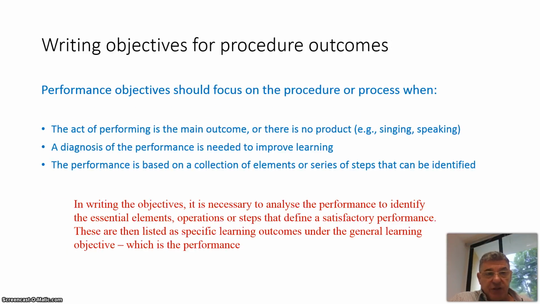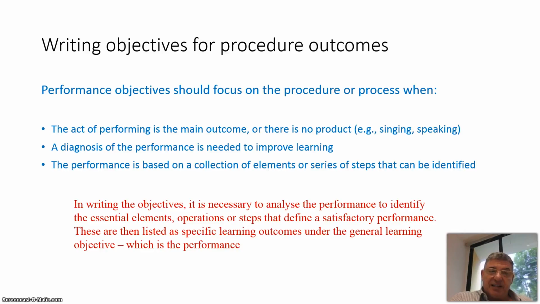When we talk about procedural outcomes, this is where there is a performance but not an actual product. So if we talk about assessing somebody speaking or singing, there isn't a product unless we record it. Essentially, it's a process. And what we might want to focus on is key aspects of that procedure.